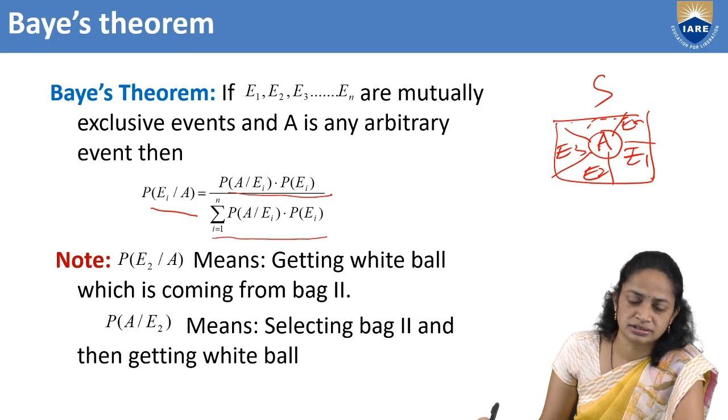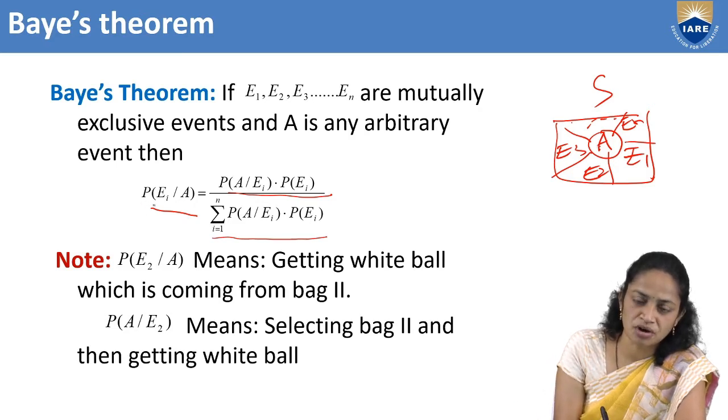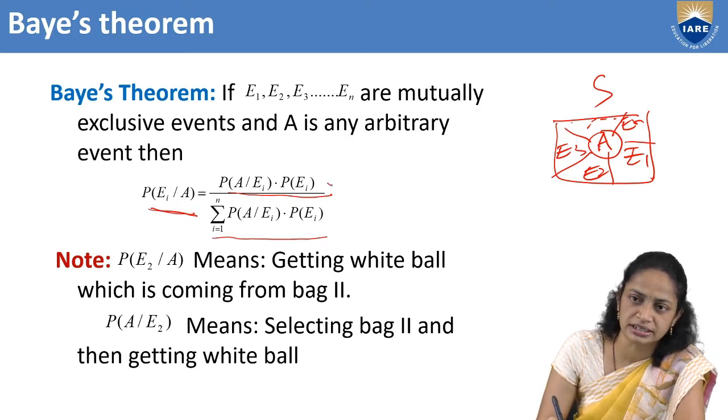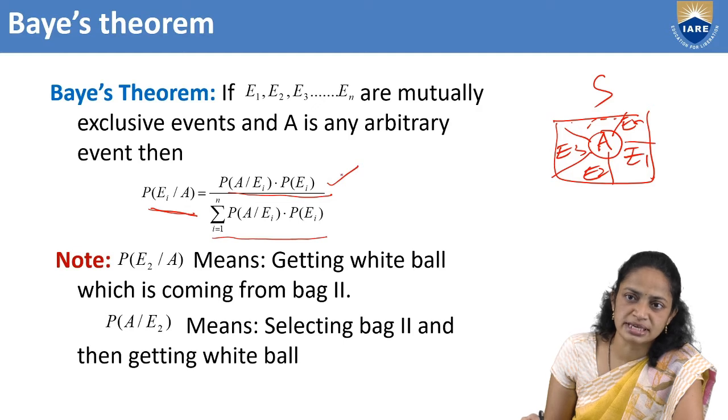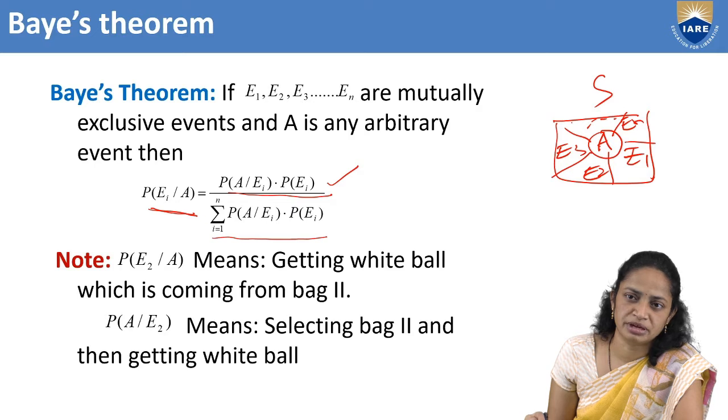Then the Bayes theorem is probability of Ei given A equal to probability of A given Ei into P of Ei divided by summation i equal to 1 to n probability of A given Ei into P of Ei.